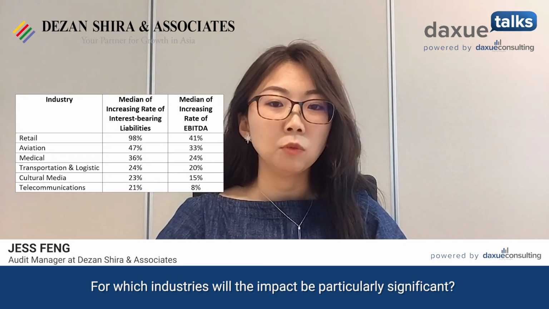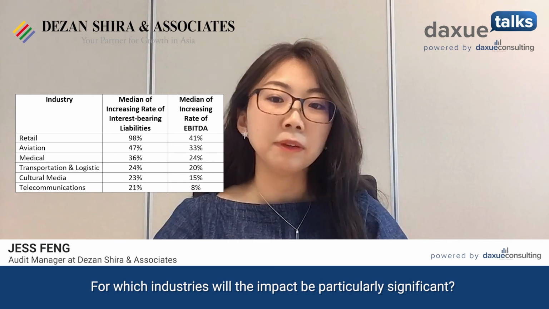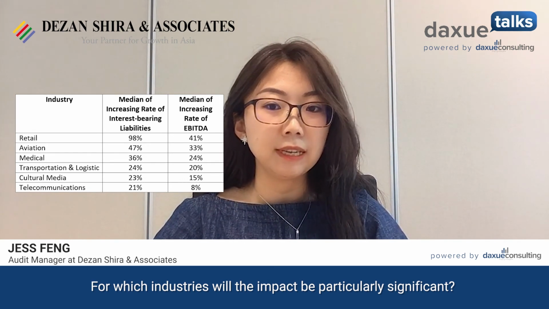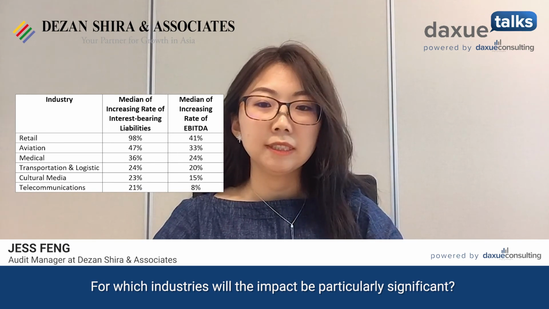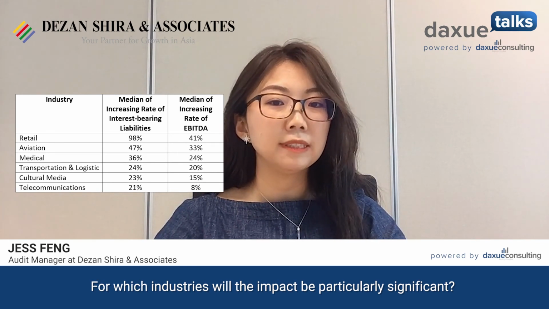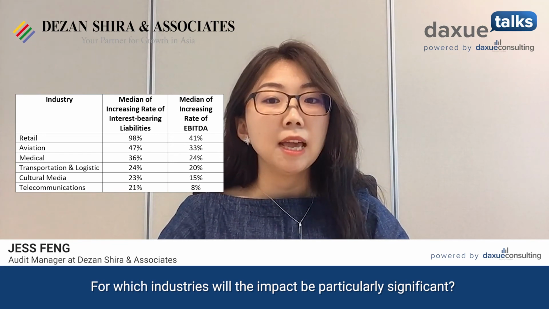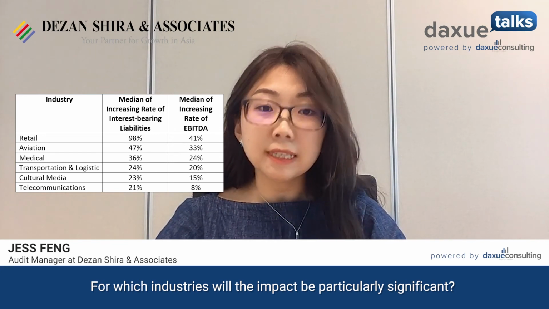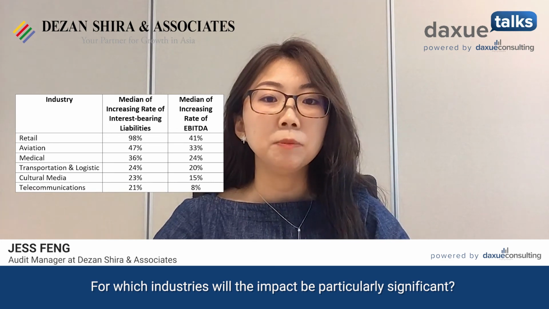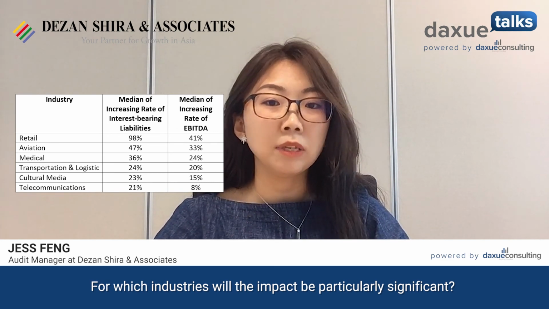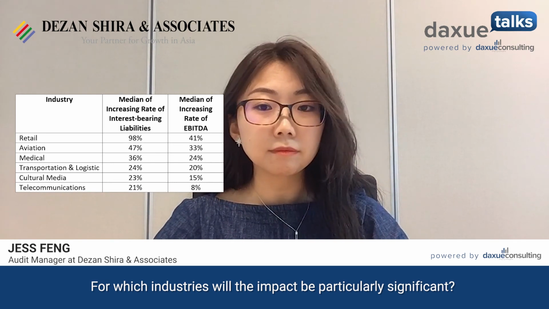And they found that around half of the manufacturing businesses saw at least a 41% increase in the EBITDA, which is earnings before interest, taxation, depreciation, and amortization. And this is because interest expense of the lease liability and depreciation expense of the right of use assets are now excluded from EBITDA.